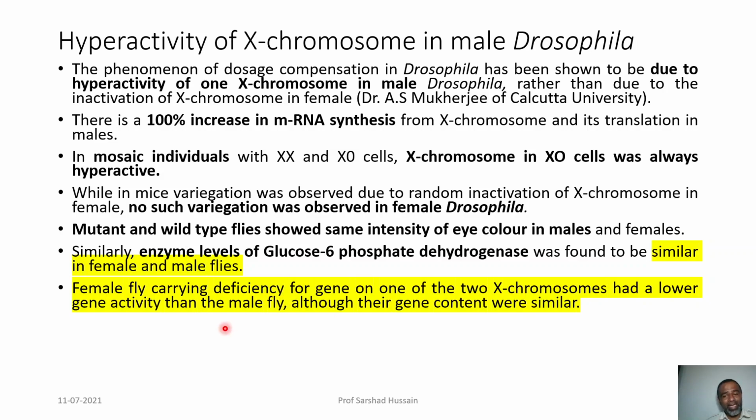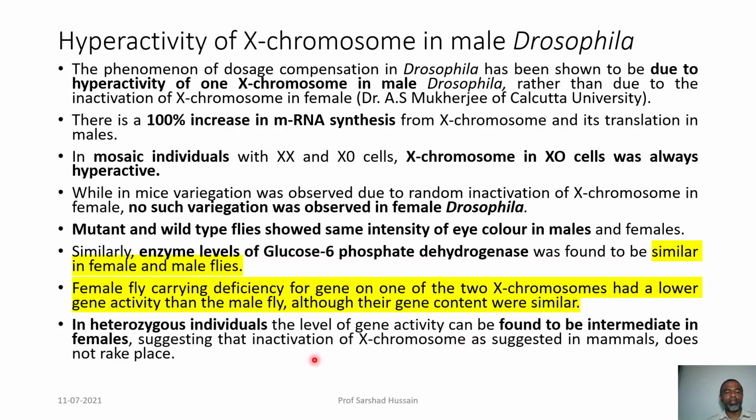So, one chromosome is having deficiency of the gene, and activity is less in case of the female, whereas in the male it was hyperactivity of the 1 X chromosome, which is not present in the females, because the female is already having 2 X chromosomes. So, the male was having more activity of that very gene as compared to the female. In a heterozygous individual, the level of gene activity can be found to be intermediate in females, as we have discussed in the previous case, suggesting that inactivation of the X chromosome as suggested in mammals does not take place.